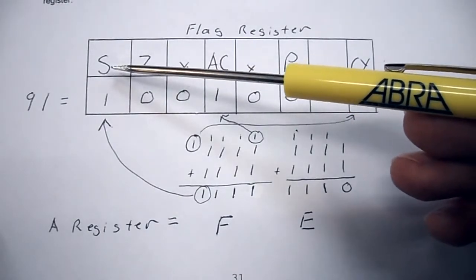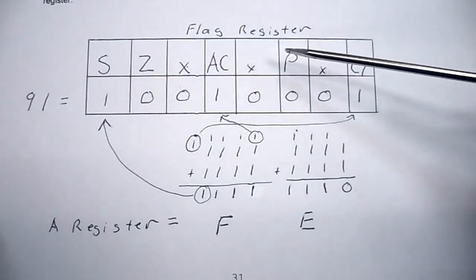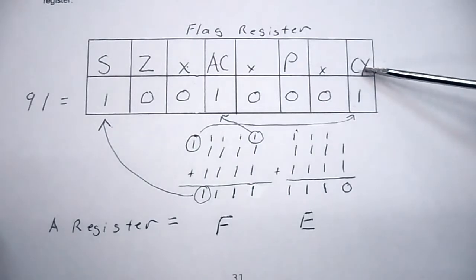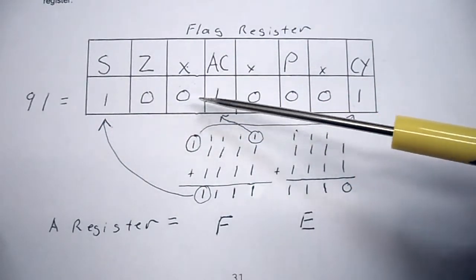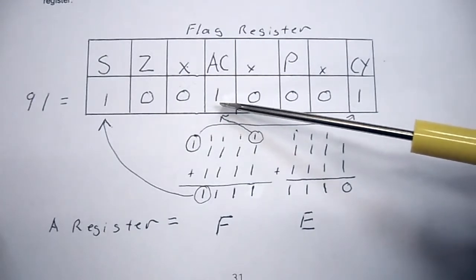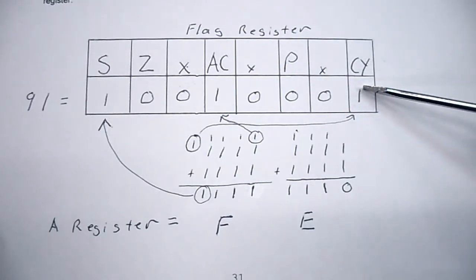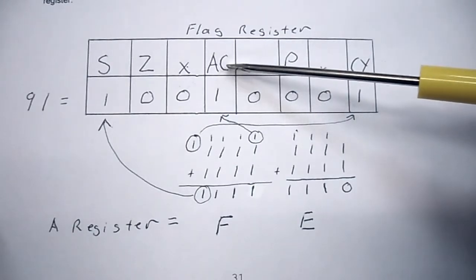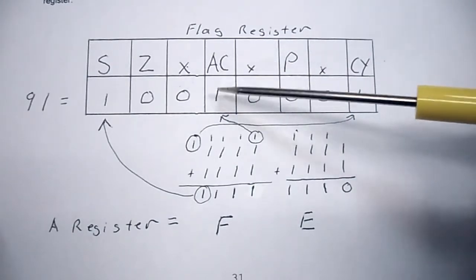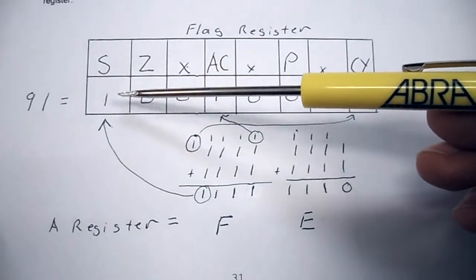So we have the sign, the zero, the auxiliary carry, the parity, and the carry bits. So 9 is 1, 0, 0, 1. And 1 is 0, 0, 0, 1. So you can see the carry bit was set, the parity bit was reset, the auxiliary carry was set, the zero bit is reset, and the sign bit is set.